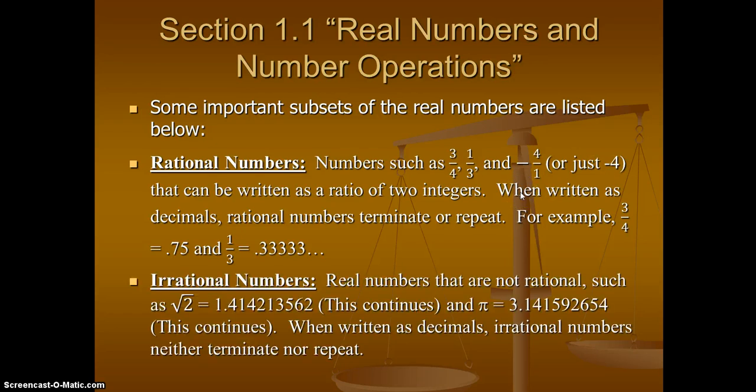The next set of real numbers is called irrational numbers. Irrational numbers are real numbers, but they are not rational, such as radical 2, or the square root of 2. The square root of 2 is 1.414213562.